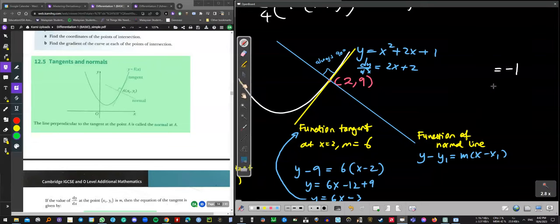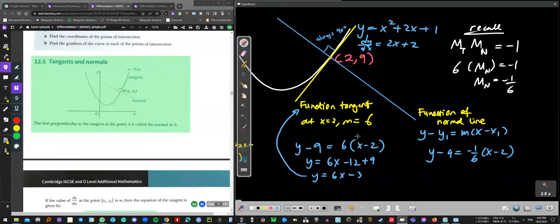So plug in time, y minus 9 equals to negative 1 over 6 x minus 2. Kenapa pakai 2, 9? Sebab titik 2, 9 tu ada di atas garisan normal ataupun garisan normal lalu atas titik 2, 9 tu. So y equals to negative x over 6 plus 1 over 3.